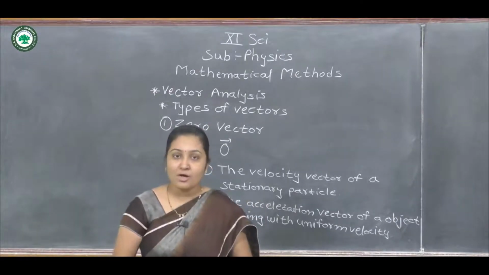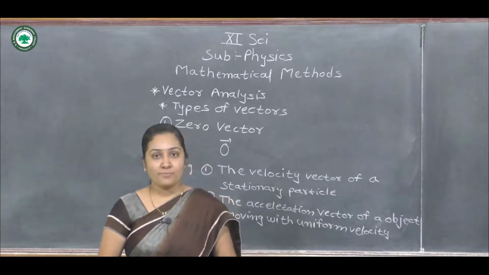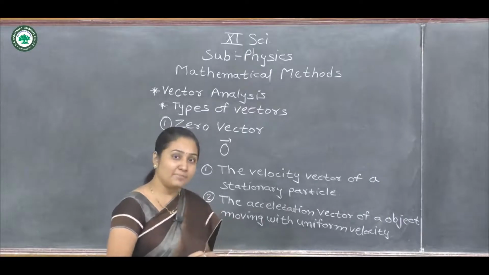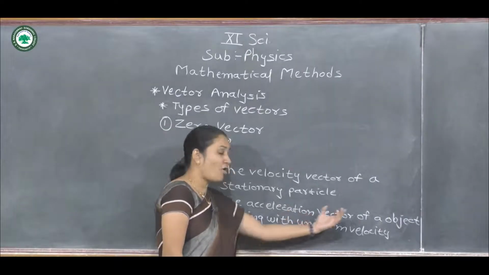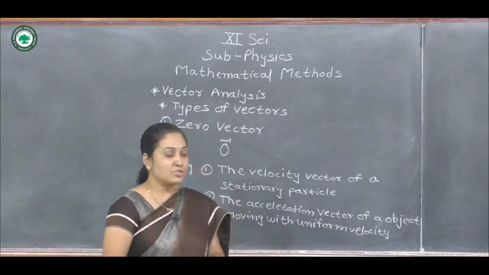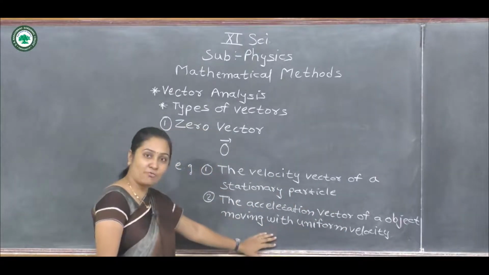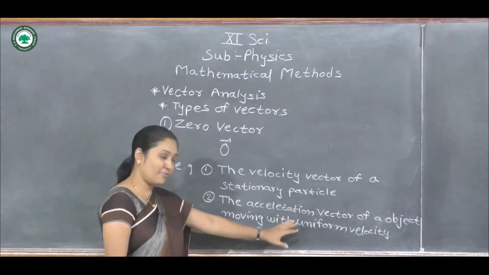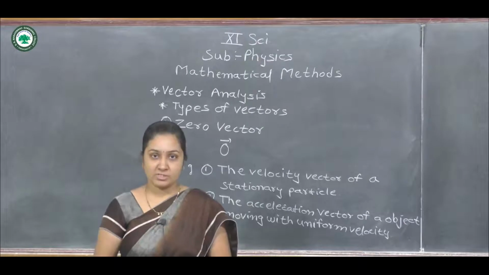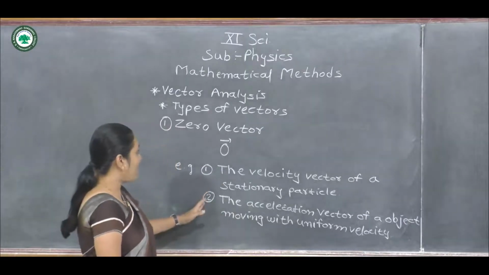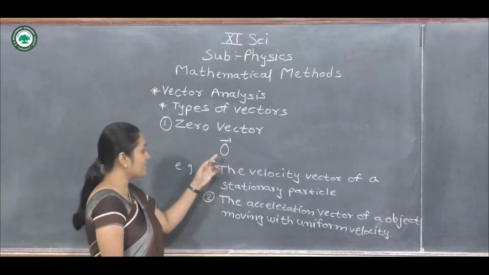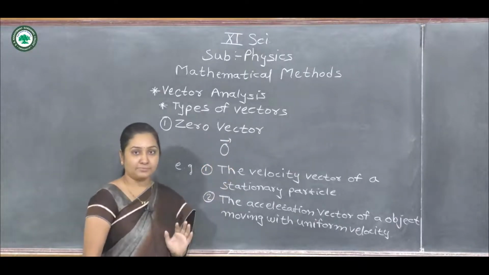If velocity is uniform, then there is no change of velocity. That means the acceleration of that object comes to be 0. So it is also a zero vector, the acceleration vector of an object moving with uniform velocity. These are two examples of a zero vector, and a zero vector is represented by 0 bar.